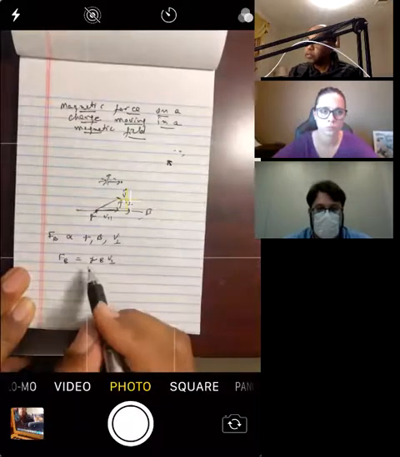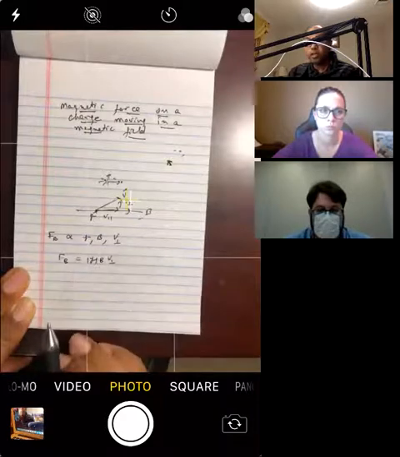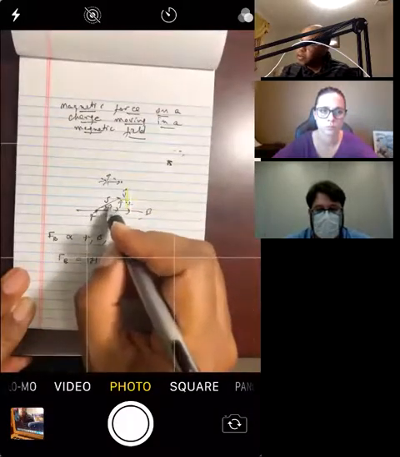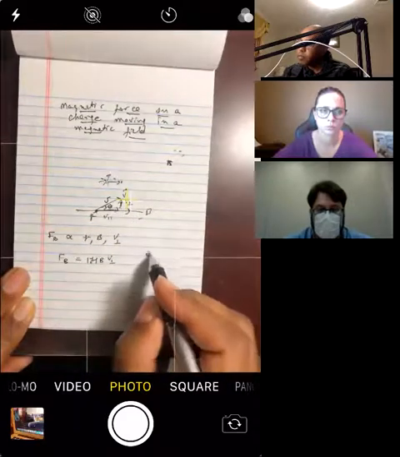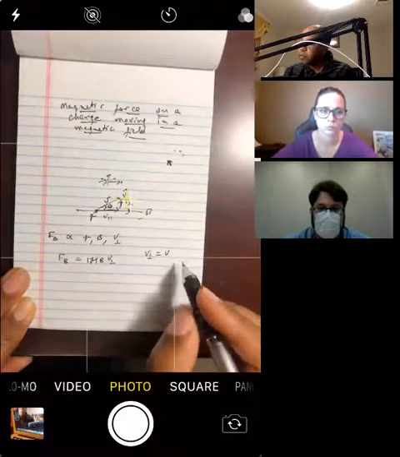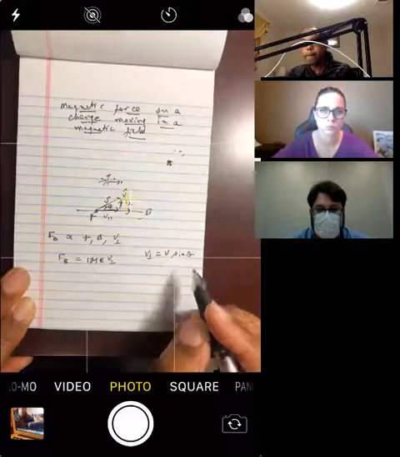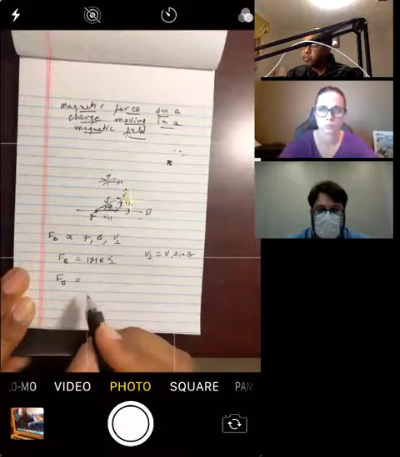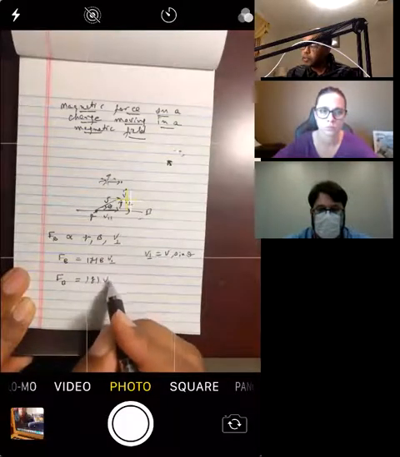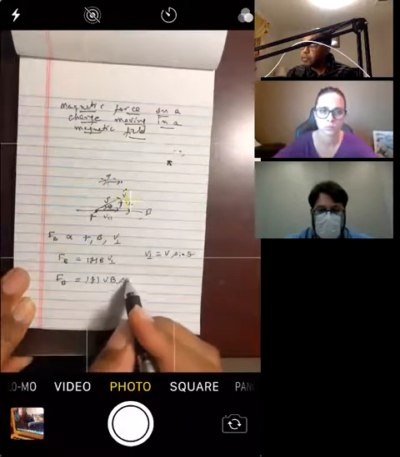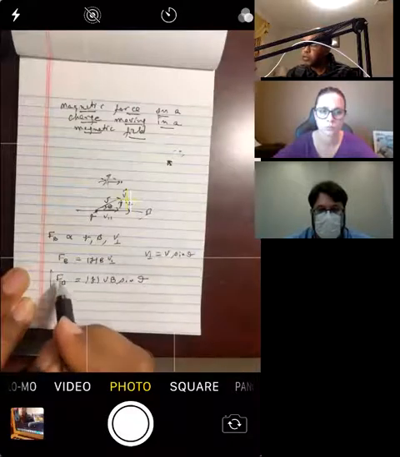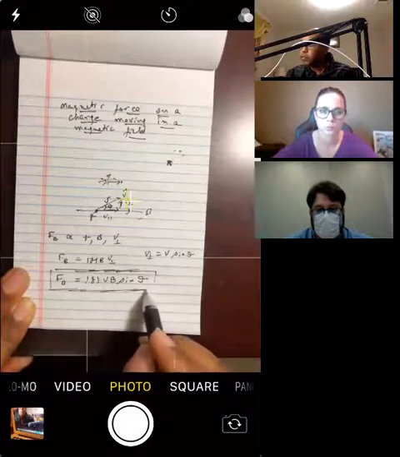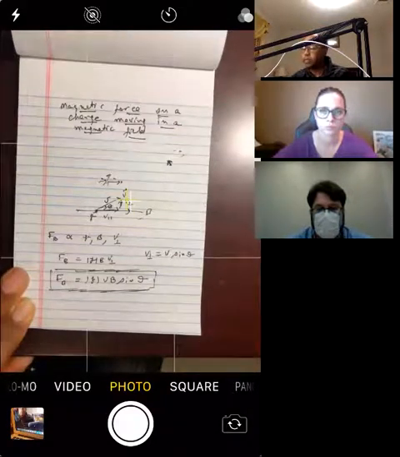This is the magnitude, so we can put this in absolute value. Now, suppose the speed is v, and this is theta. The component v perpendicular is the speed times the sine of theta. So the magnetic force is defined to be the charge times the speed v times B times the sine of theta.